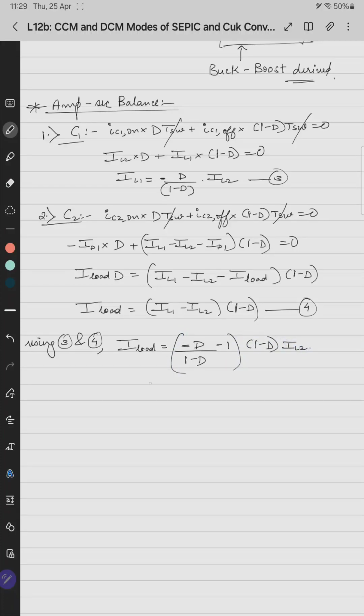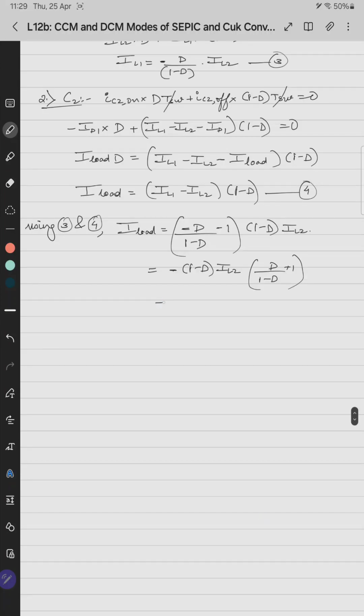I'll take IL2 common. So it will be minus 1 minus T IL2 into D by 1 minus T plus 1, where 1 minus T will be cancelled, so it will be minus IL2 into D plus 1 minus D, which is 1. So here it is I load.